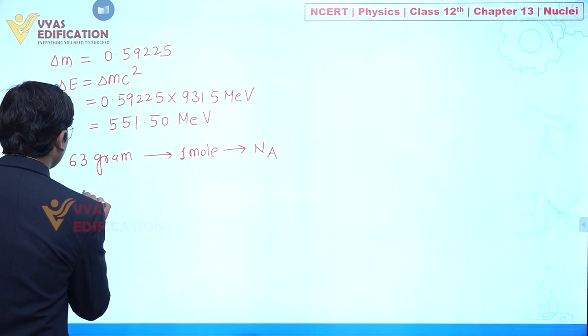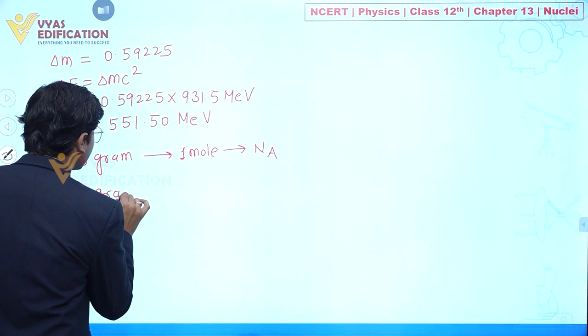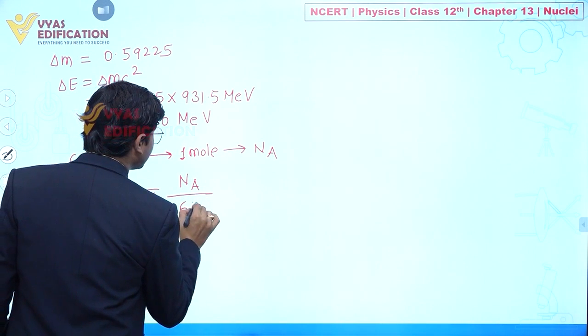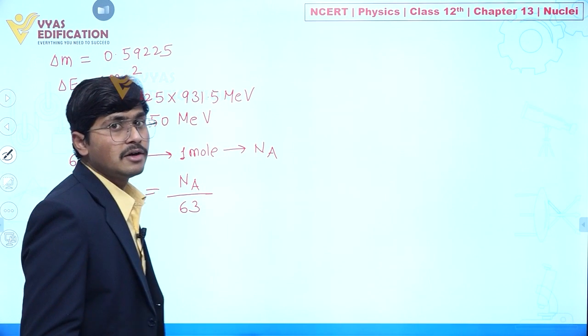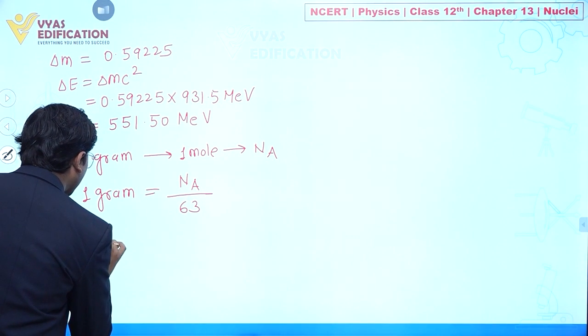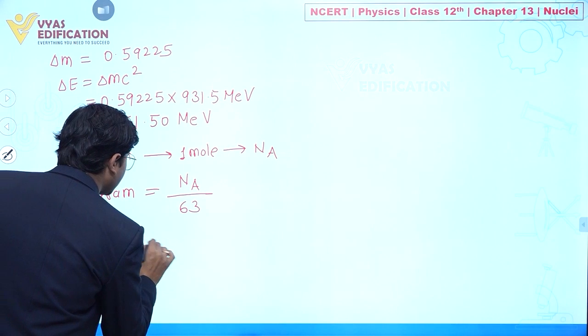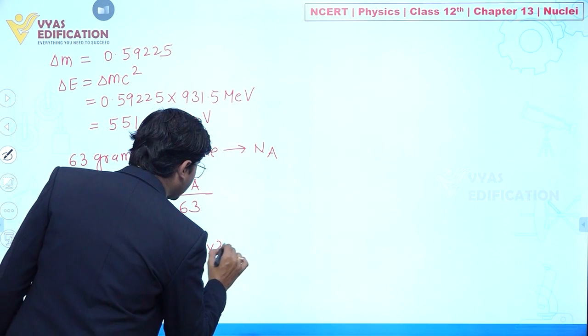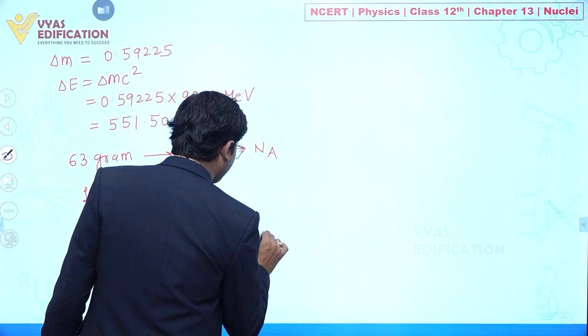So from that we can write 1 gram is equal to Na divided by 63. But we have a coin of 3 gram. So what is the total number of atoms present? 3 gram is equal to Na divided by 63 multiplied by 3, which is equal to Na divided by 21.